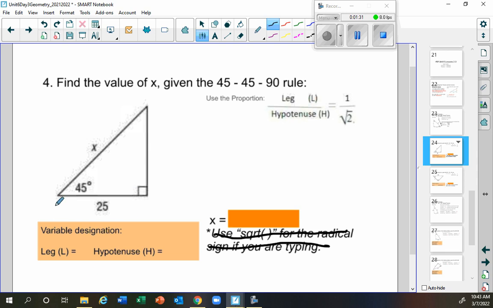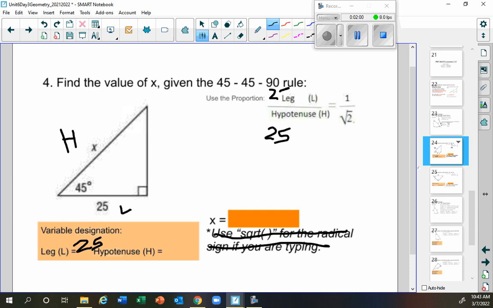Now, we need to identify our leg and our hypotenuse. Which one is our leg? Is it the X or the 25? 25 is the leg. So you might want to write down 25 for the leg. And the hypotenuse is? Hypotenuse is X.